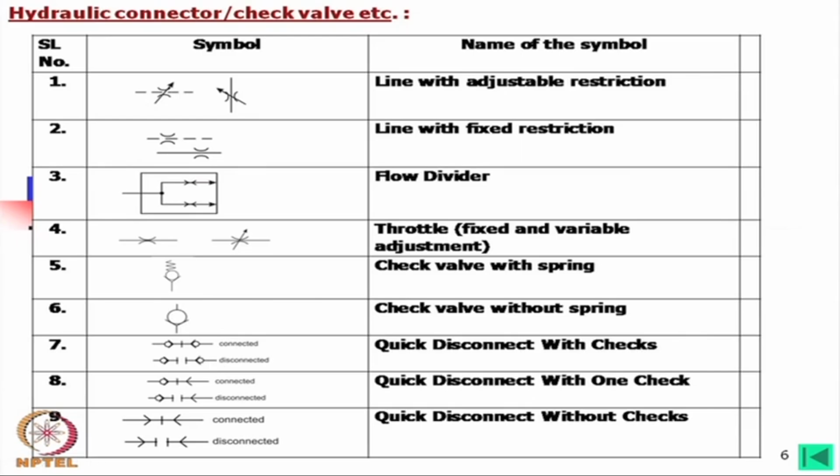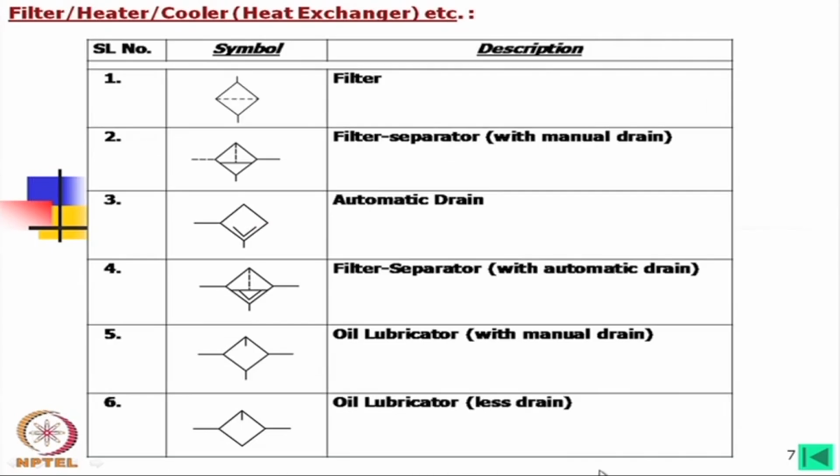That means in the normal condition it is a check valve, but if you send a signal through the pilot, then it will be connected. Okay. In this case, suppose we do not need such pilot operations, and simply want to connect and disconnect, then this will be used.